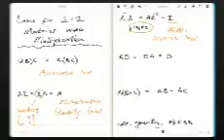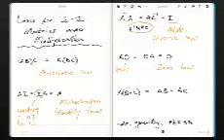Now, A0, so this is the 0 matrix. A0 equals 0A, which equals 0. This is what we call the 0 law. Now with the addition, when we added 0, A plus 0 equals 0 plus A, which equals A, because you're adding 0.